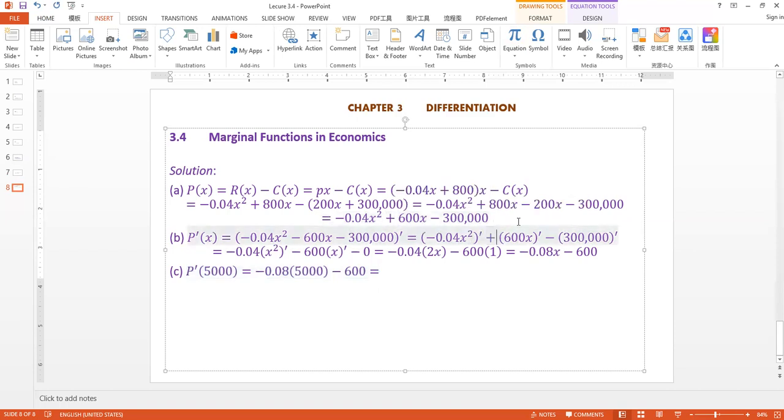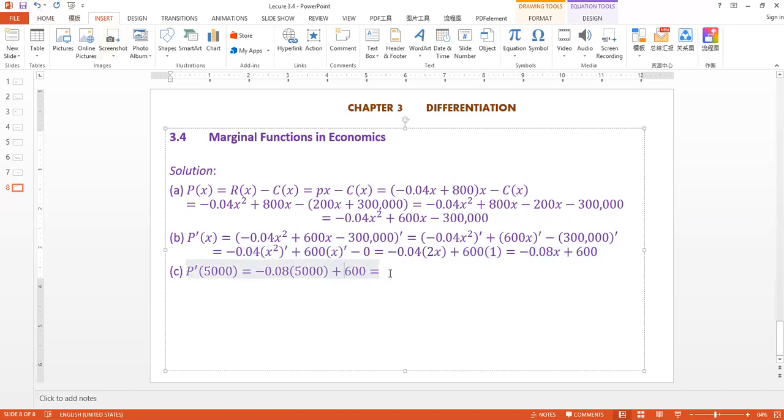Everything with the 600 should be plus. Okay, so we get positive 600 in the second term instead of negative. That will change everything. Okay, sorry about that.